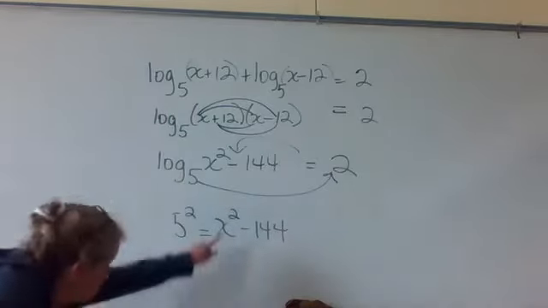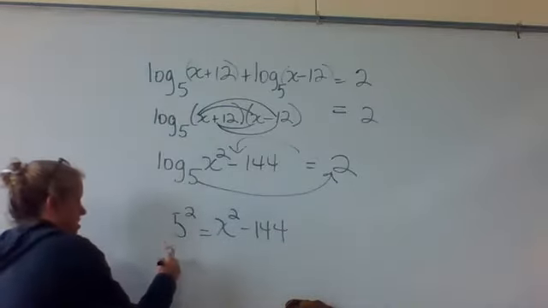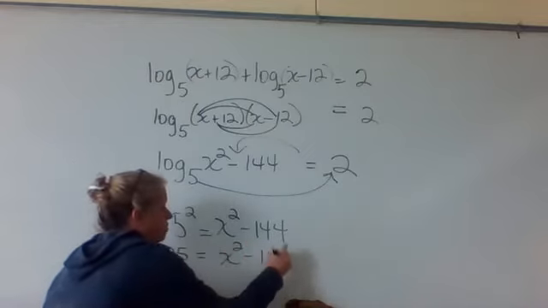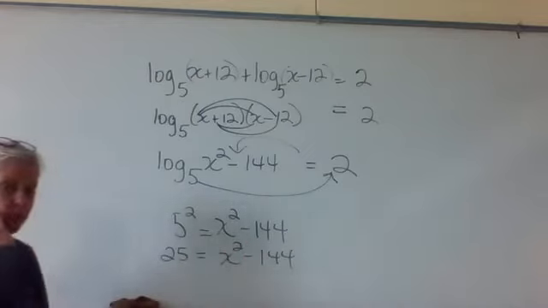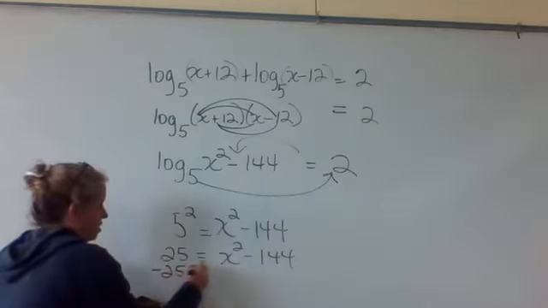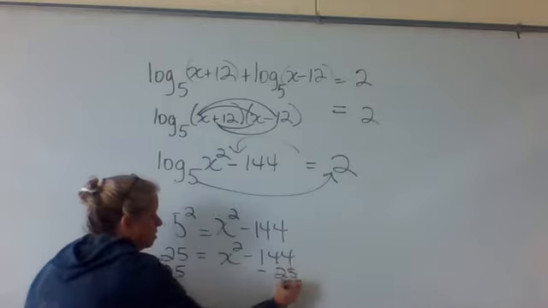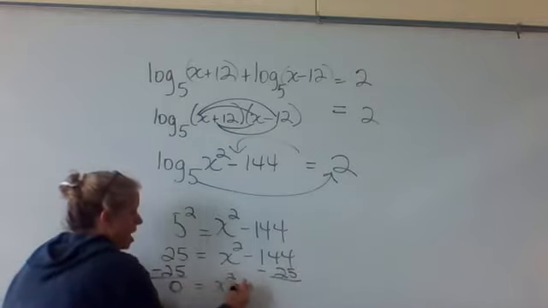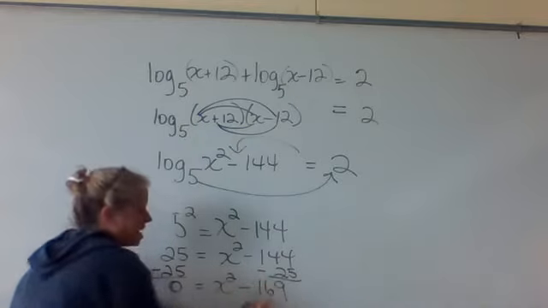So it's quad again since your x is squared. That'll be 25 equals x squared minus 144. Before you can put it in quad, you've got to set it equal to 0, so subtract the 25. So 0 equals x squared minus 169.